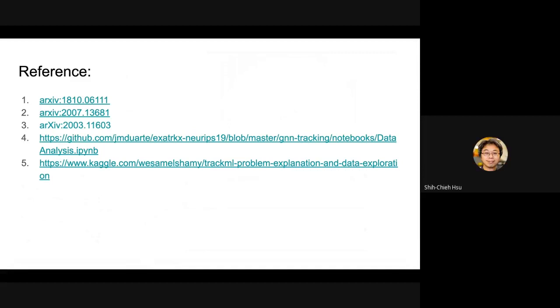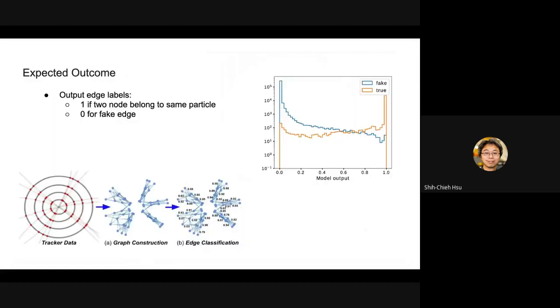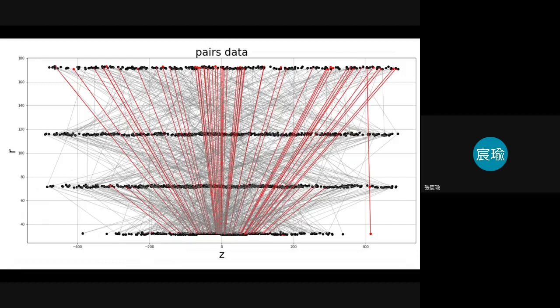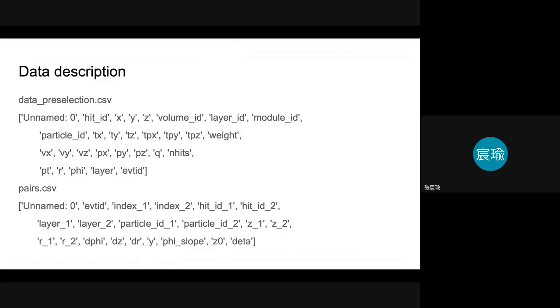Can you explain again what's the difference between TX, TY, TZ and VX, VY, VZ? I think TX, TY, TZ is the true position for the particle and hit on the detector, and VX, VY, VZ is the initial position for the particle.